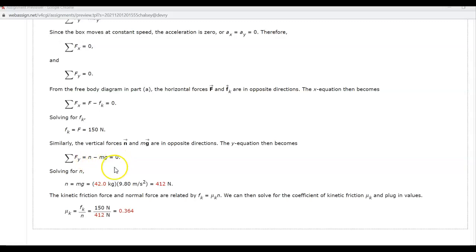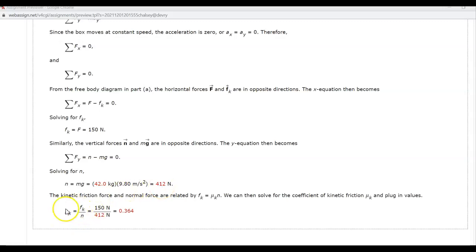It's all equal to 0, and then we can solve for the normal force by multiplying the mass of the box times g, 9.8 meters per second squared. So 4.2 times 9.8 gave us 412 newtons.